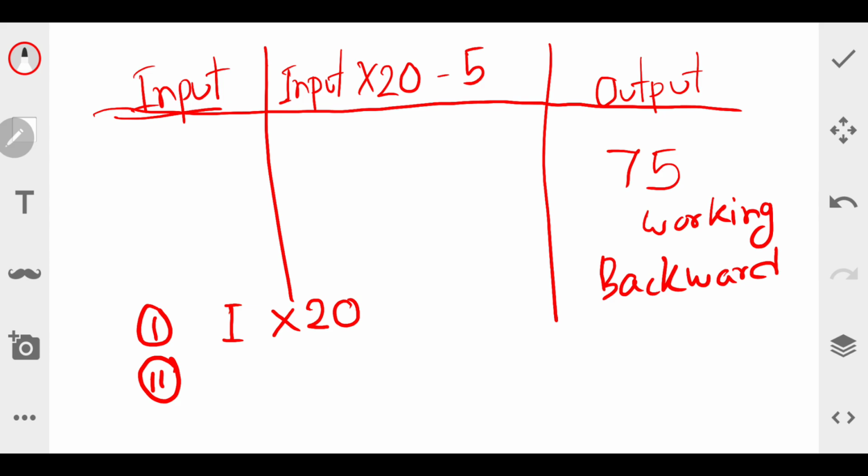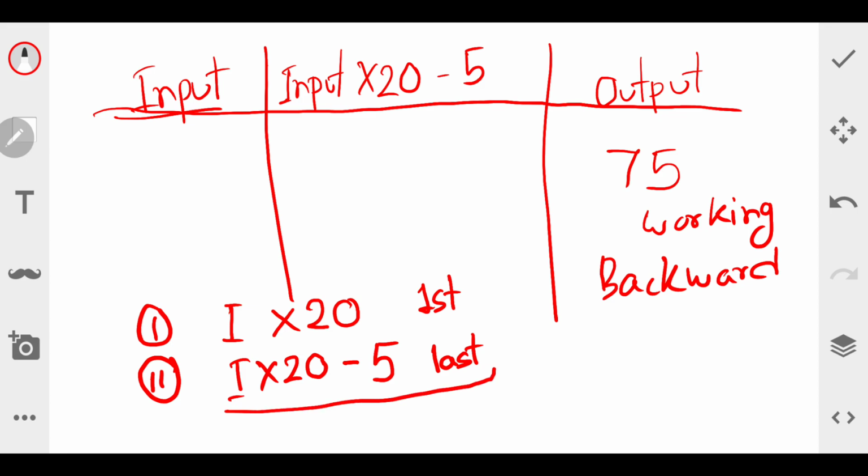So I times 20, that was the first thing. And the last thing I did is subtraction. I subtracted by 5. That's the last thing. So I'm going to write first and last. So remember, to work backwards, we have to do the opposite of what we did as our last thing.